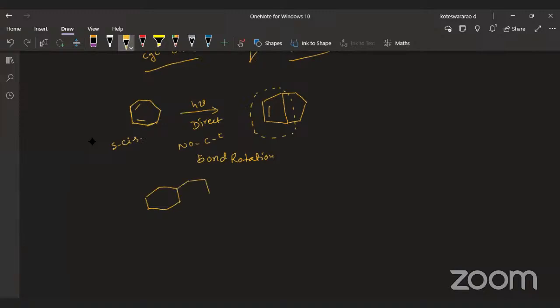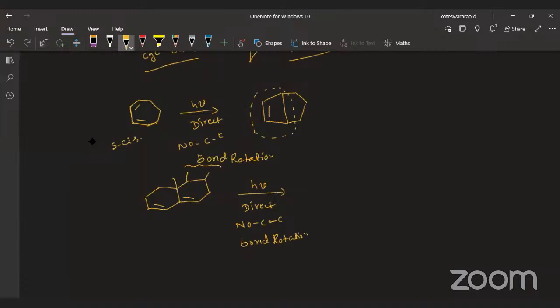by using these systems, what compound is actually responsible for the formation of cyclobutene and bicyclobutane? Now this compound is irradiated with light, direct irradiation. Here there is no C-C bond rotation.